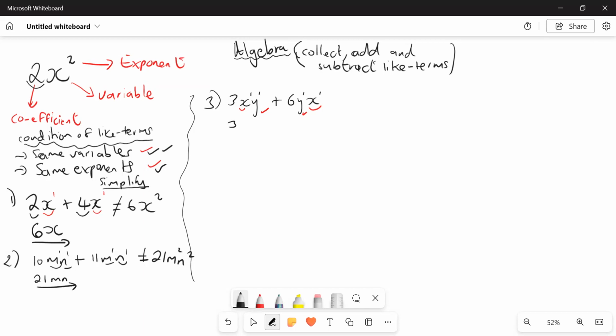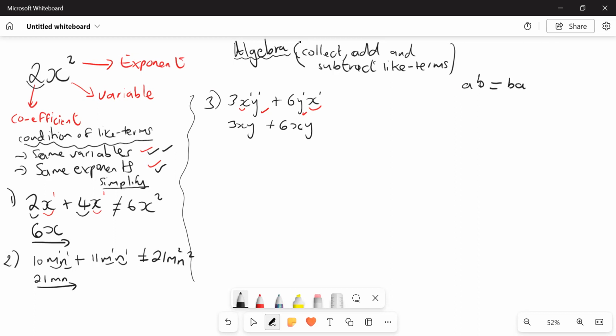So we have 3xy plus 6. Now we can group and say x, y by writing it in a chronological order, right? We're arranging it now. So we can have maybe a, b equals b, a, right?